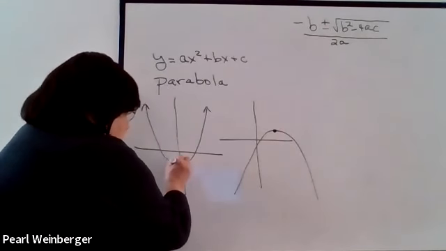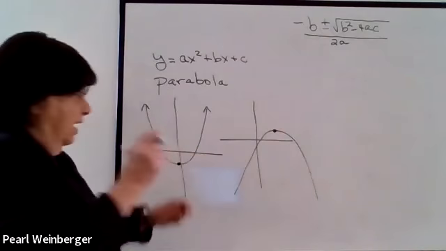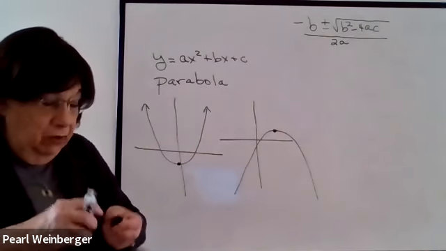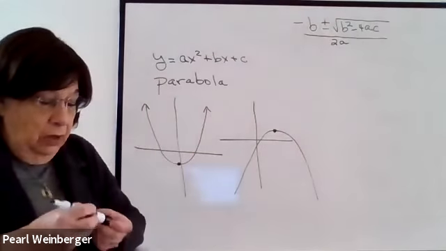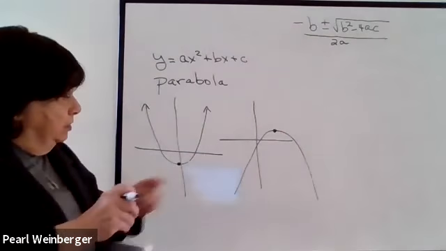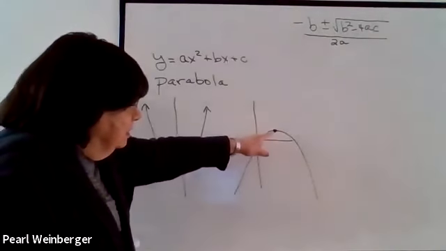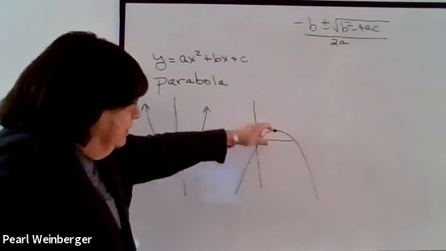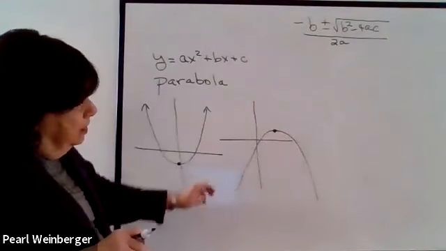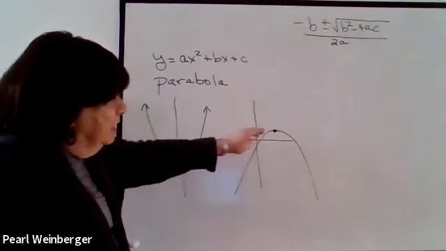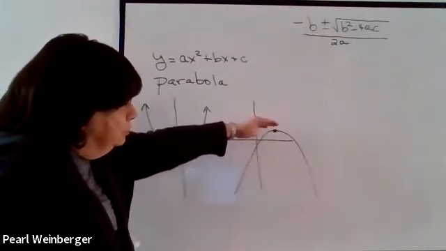And this is true anytime you have this U type of shape, you have a point that is essential because it's the point where the graph turns around.